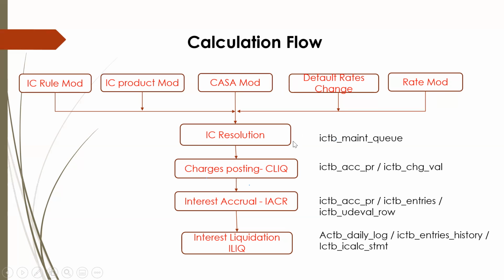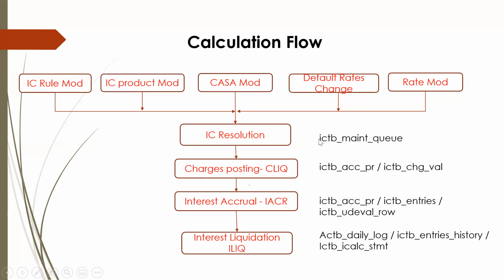This will have only the list of accounts to be reprocessed. Let's say I modified only the product, then it will have only one entry for the product. But the system underlying asks, okay, this is a product modification, so I need to repopulate whatever accounts are associated with that product.